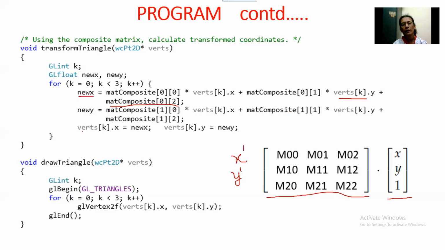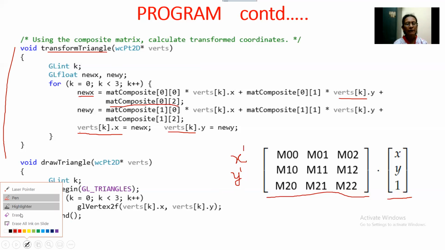So now I assign whatever I've calculated as new x to the x coordinate and my new y to the y coordinate. So basically the function transformed triangle is calculating my transformed point x dash, y dash.